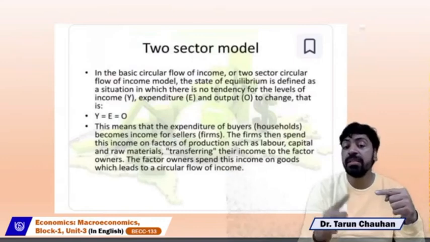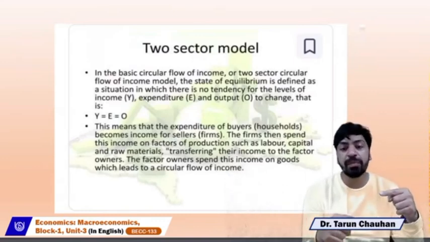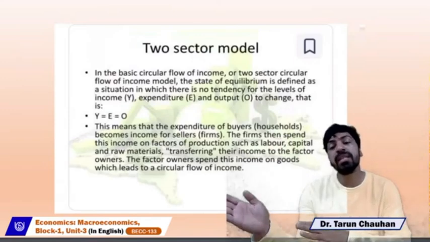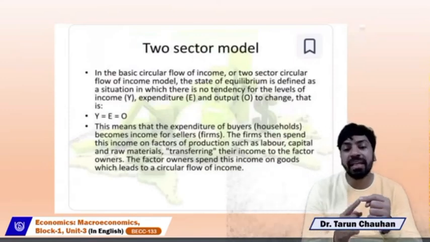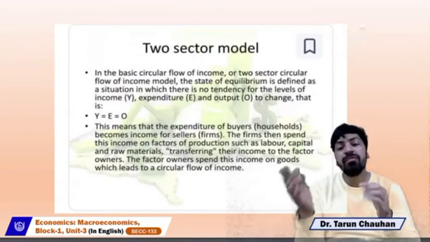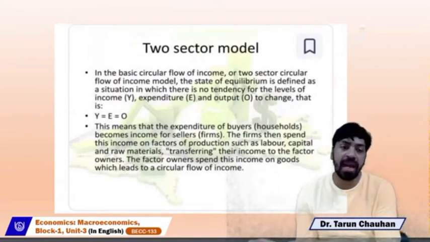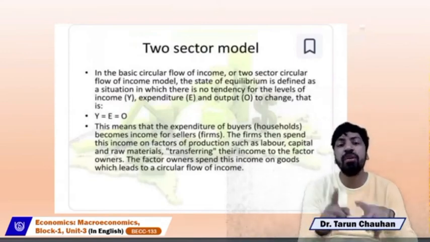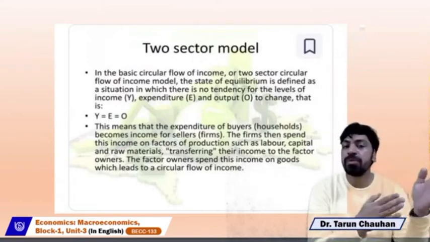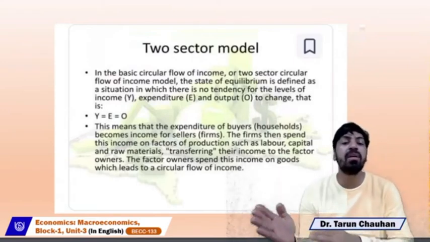The business uses those factors of production to produce goods and services, and ultimately pays the household for those factors. So this is a circular flow between the household and the businesses or firms.